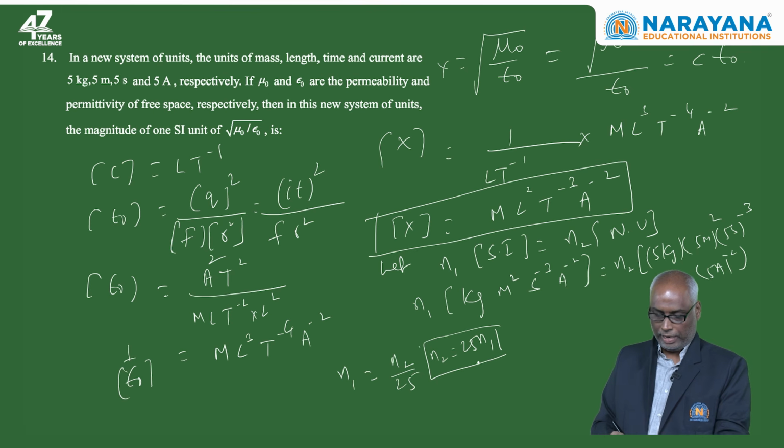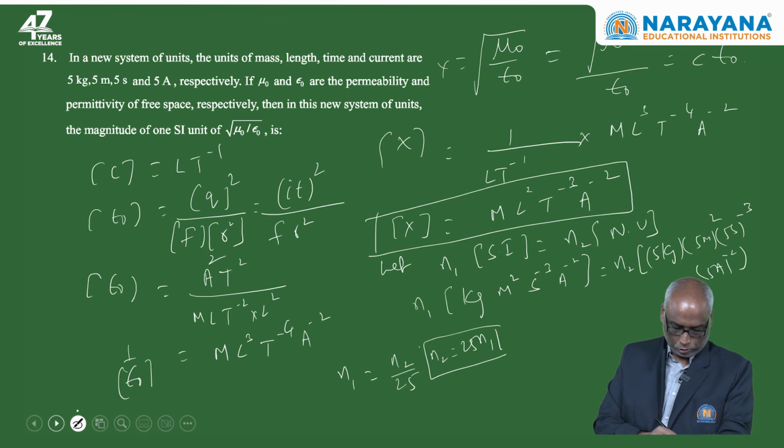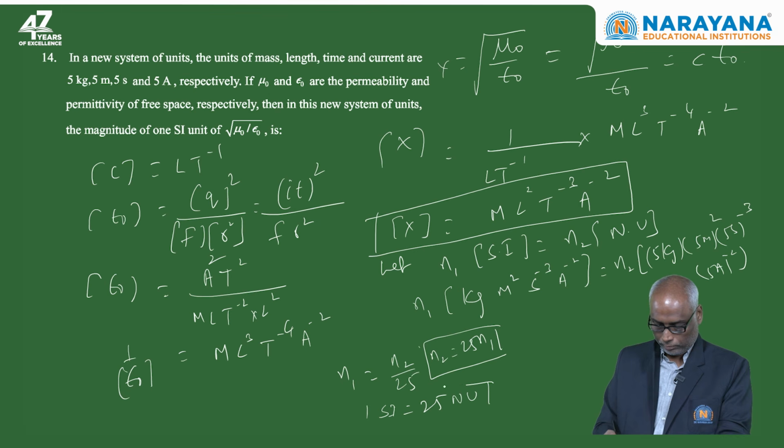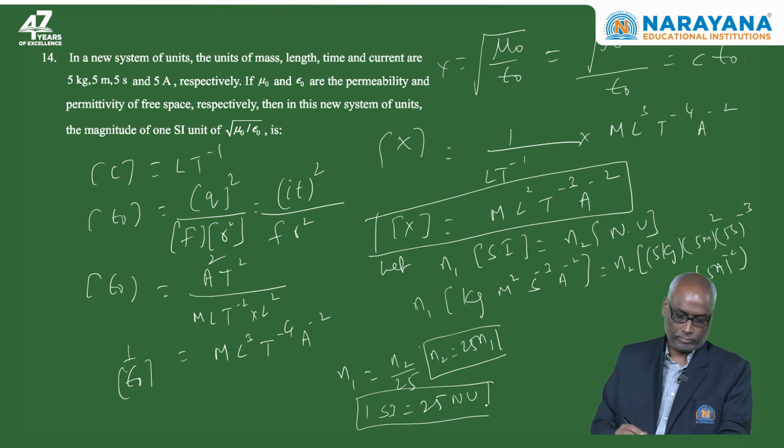So, n1 SI units is equal to n2 new units. They are asking the magnitude of 1 SI unit. Substituting the value of n2, 1 SI unit becomes 25 new units. So, the answer should be 25.